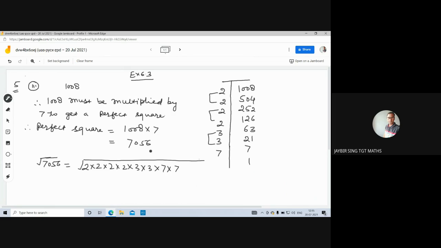Now we make pairs and take one out of each pair: 2, 2, 3 and 7. So 2 twos are 4, 4 threes are 12, 12 sevens are 84. So the square root of this will be 84.